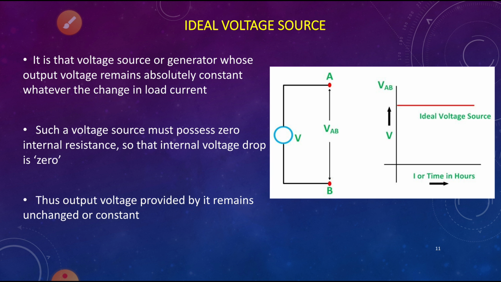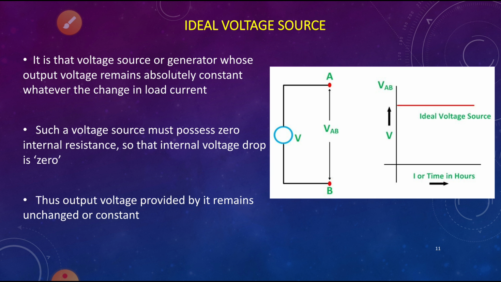The source voltage equals the terminal voltage irrespective of load changes or current changes. The current may change, but our voltage is maintained. That's why it is a constant voltage. A constant voltage source maintains the constant voltage irrespective of current changes.